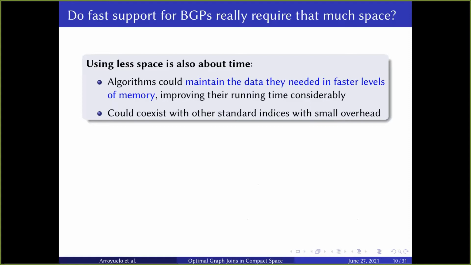And this means also that if your representation is small, then it could coexist with existing, say, commercial databases with a small overhead, and improve considerably the execution of these BGP queries.